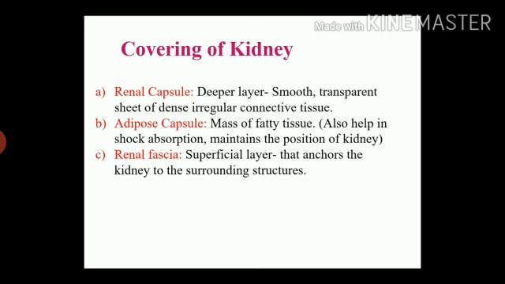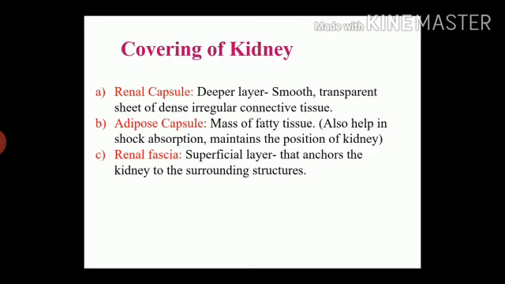Let us now see the coverings of the kidney. We will start from the deepest layer, that is the renal capsule. It is a smooth transparent sheet of dense irregular connective tissue. Above that comes the adipose capsule, a mass of fatty tissue. What is its role? It helps in shock absorption and also maintains the position of the kidney.